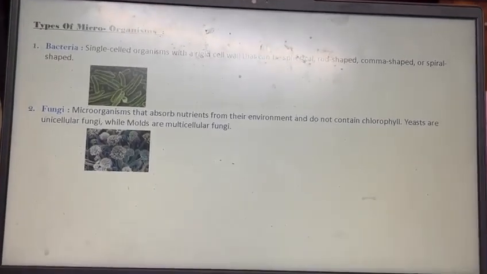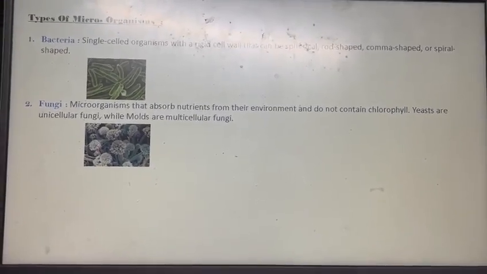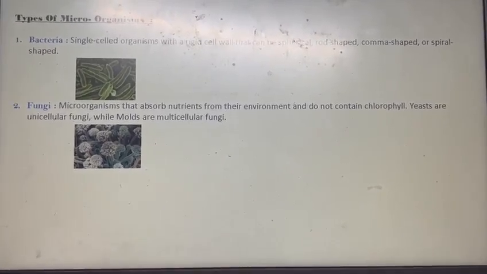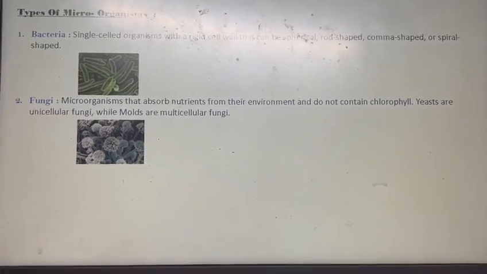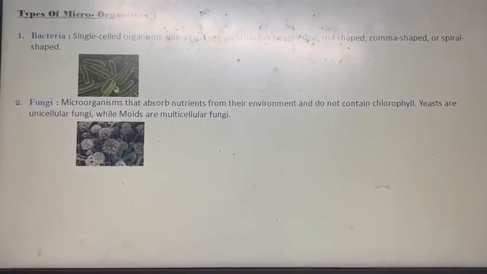Or the blue color it shows is nothing but bacteria. Okay, so that type of organism is called bacteria.